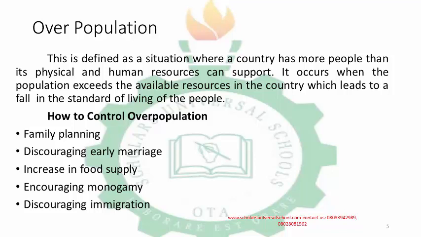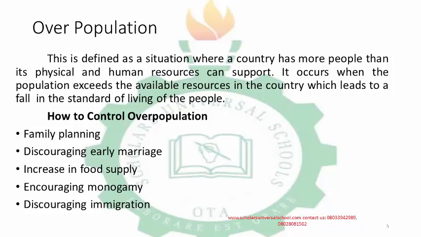By encouraging monogamy. Instead of polygamy, we have monogamy, where one man marries just one wife, rather than a man marrying more than one wife. So if we encourage monogamy, it will result in a lower population, so that we'll be able to solve the problem of overpopulation.